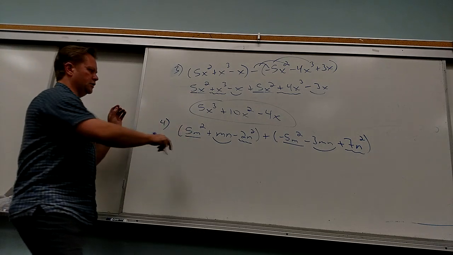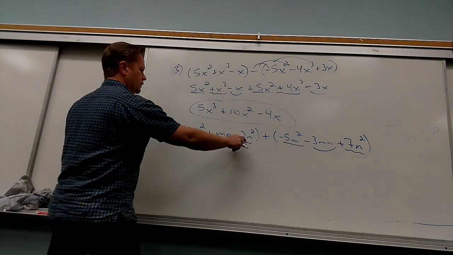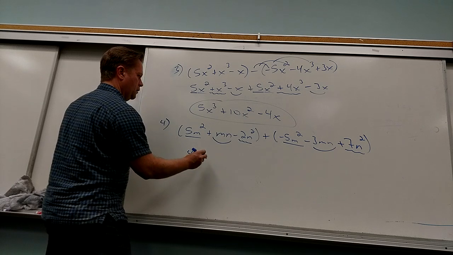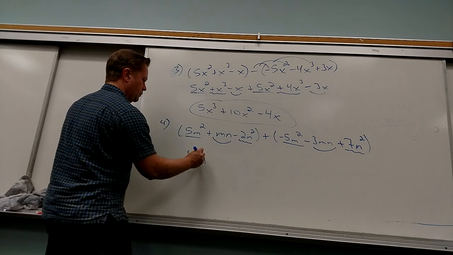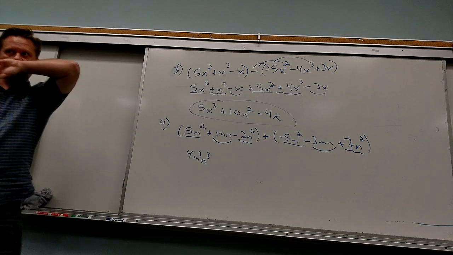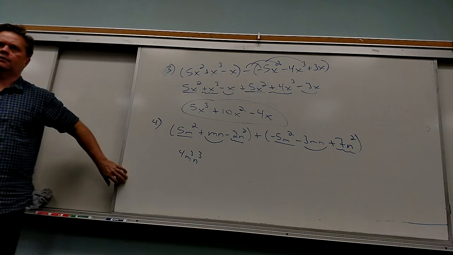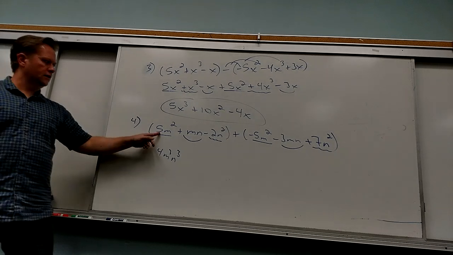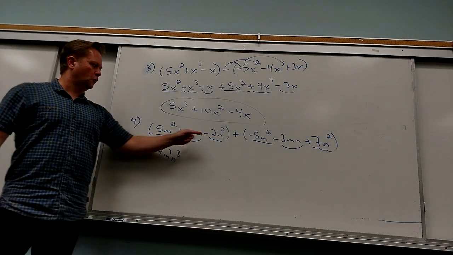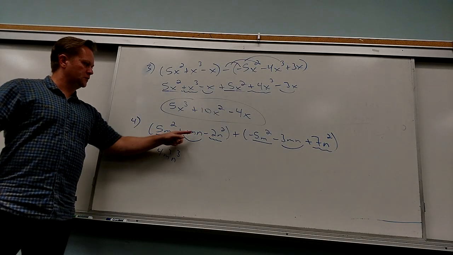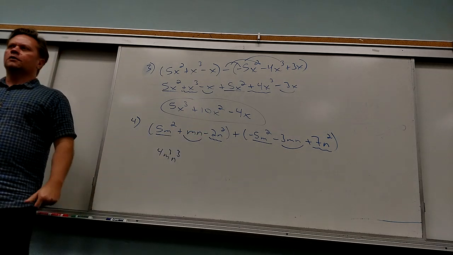I have somebody that'll do this. You ready? 5, 6, 4m cubed n cubed. That's the kind of thing I would see. Can you see how this person got that? You got 5 of these, plus 1 more is 6, minus 2 is 4, and 3 m's and 3 n's.